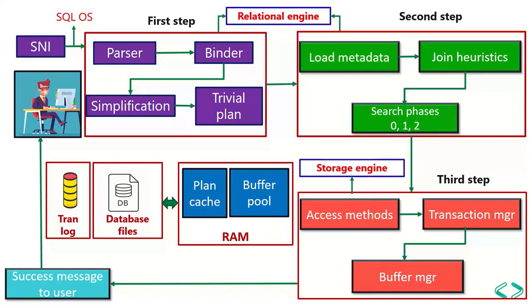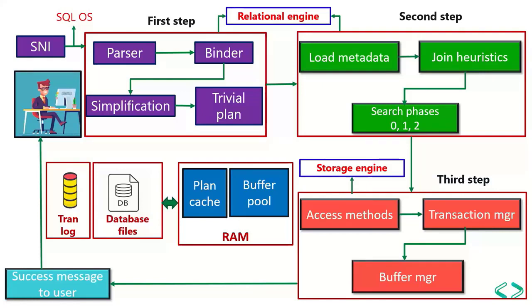The second step contains the components load metadata, join heuristics, and search phases. These components gather almost all the metadata that is required to process any query. The third step contains the components access method, transaction manager, and buffer manager.